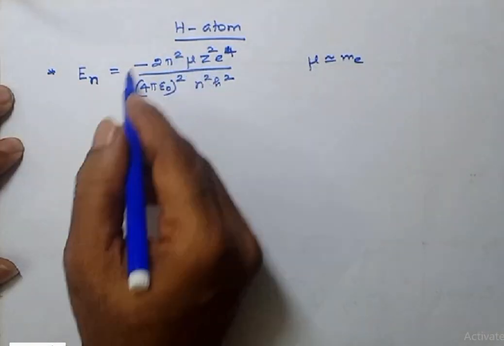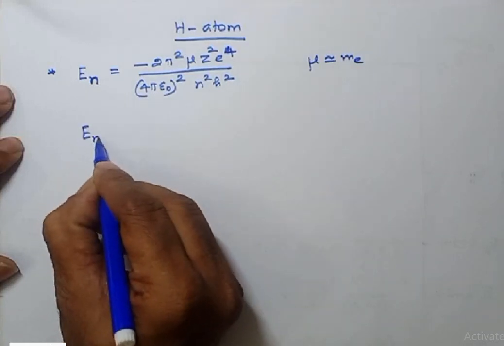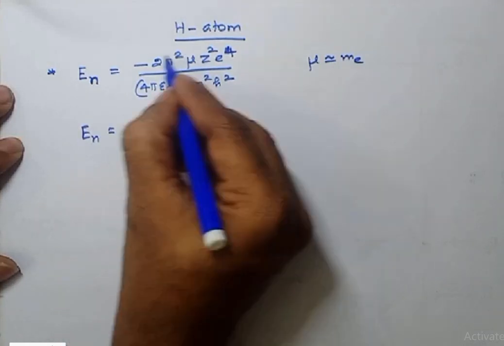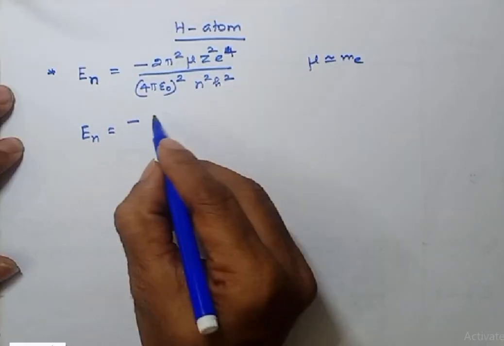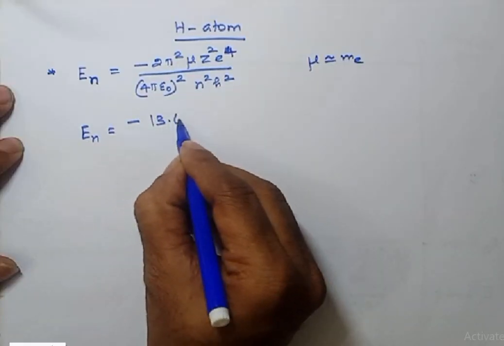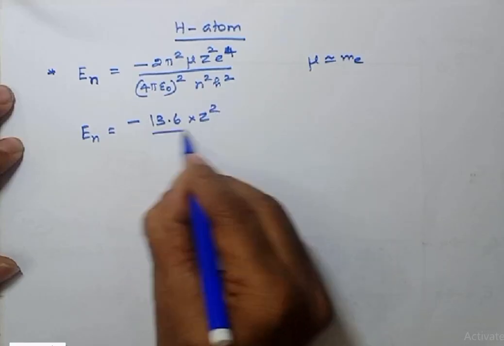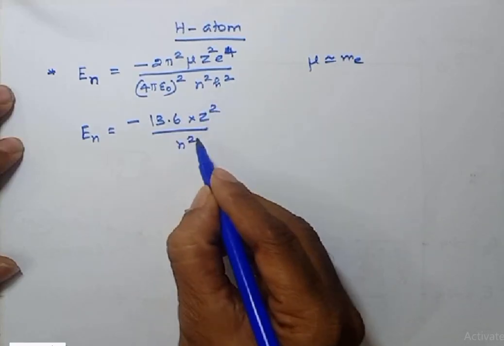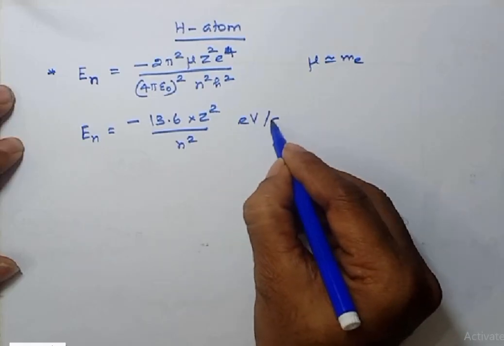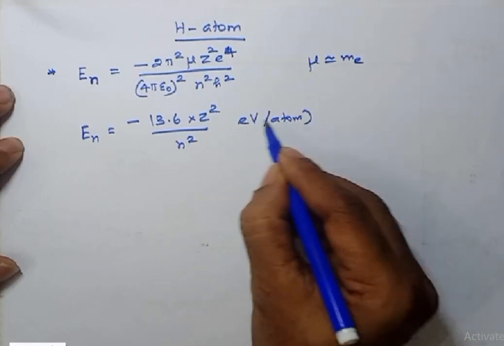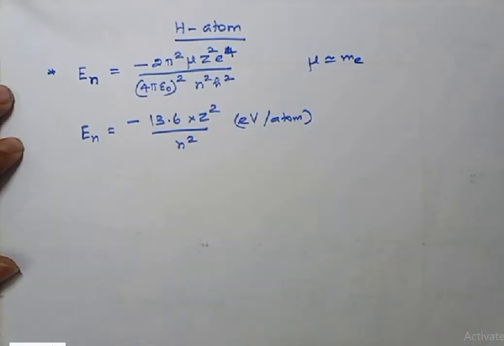Now, last class I showed you that if you substitute the proper constants, we get minus 13.6 into z square by n square, and we get the energy in electron volt per atom. This will give you energy in electron volt for one atom.